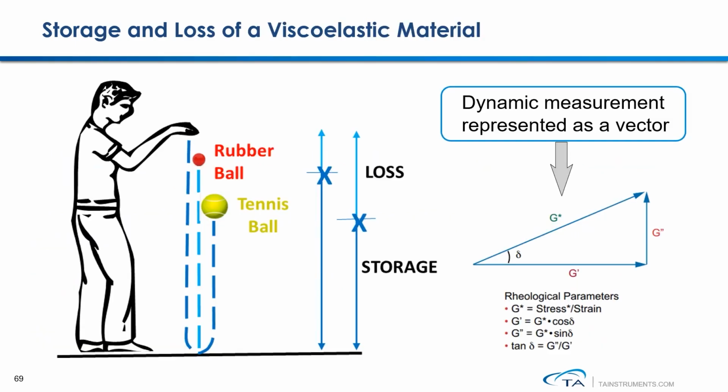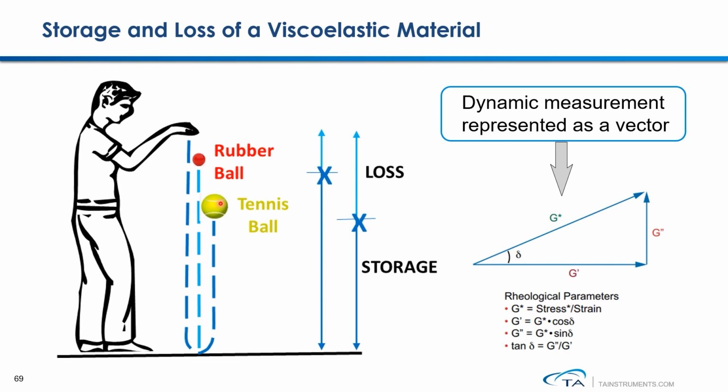Here is an example showing the relationship between the storage and loss modulus of a viscoelastic material. You drop a ball to the floor and watch how the ball bounces back. The height that the ball can bounce back correlates to the energy storage, and the height that it loses correlates to the energy loss.